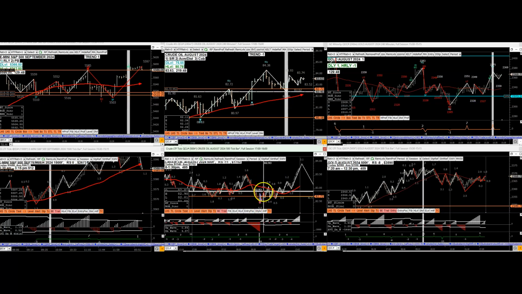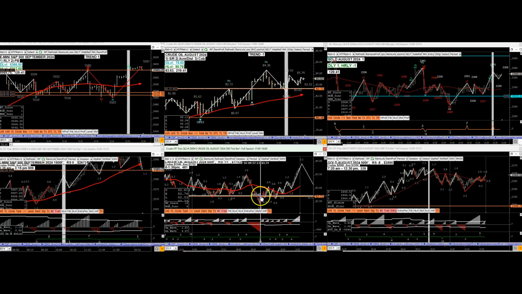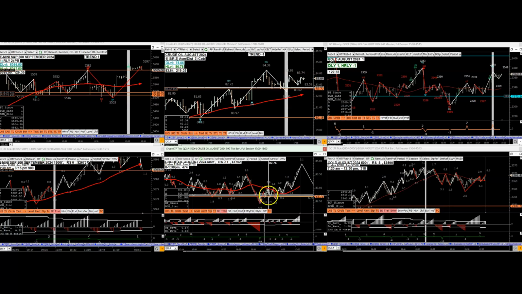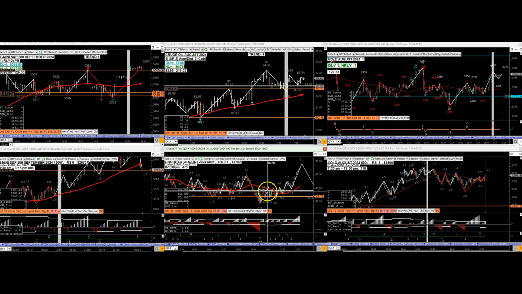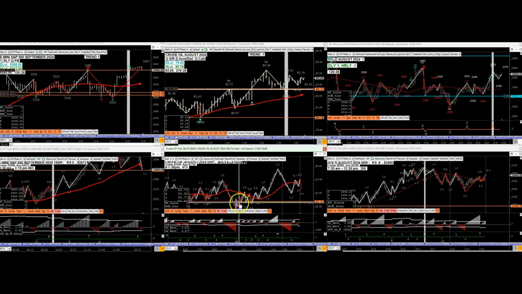It came down, and immediately I saw this bounce back within this range. So I'm thinking, how is this going to fare when it's coming back within the range and makes a higher high? Then it retested this area right here, which was telling me that there was a lot of volume buying here.